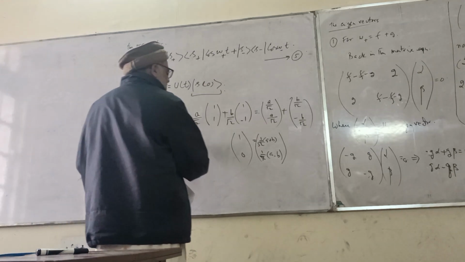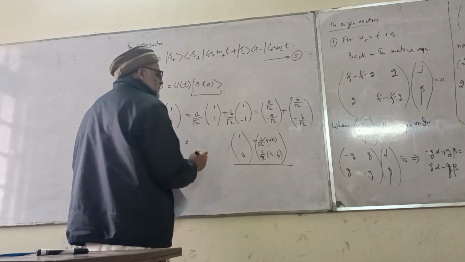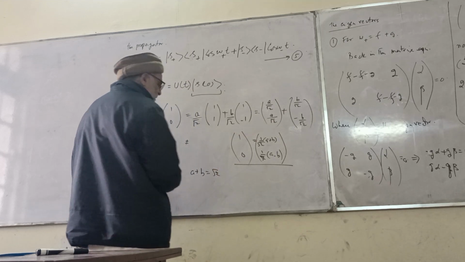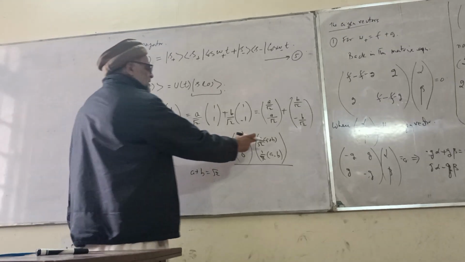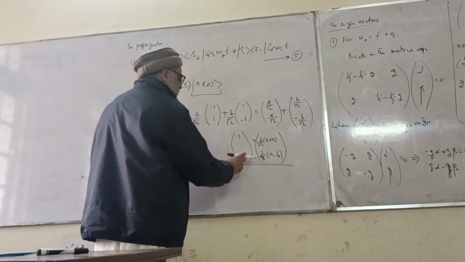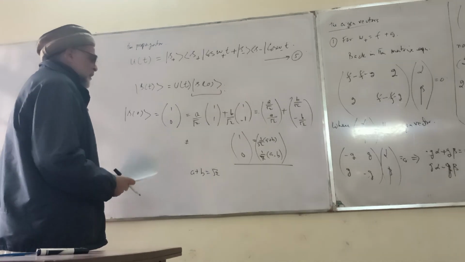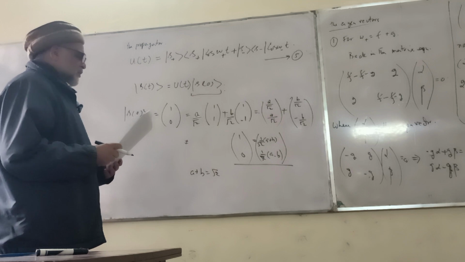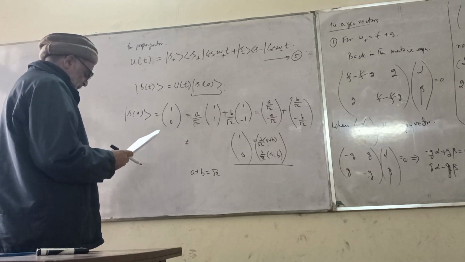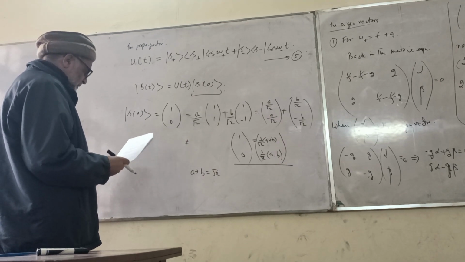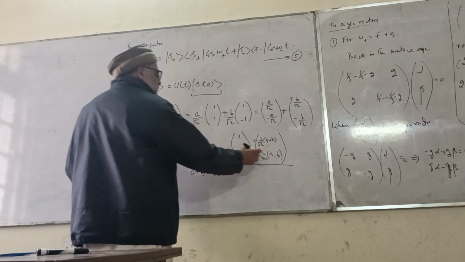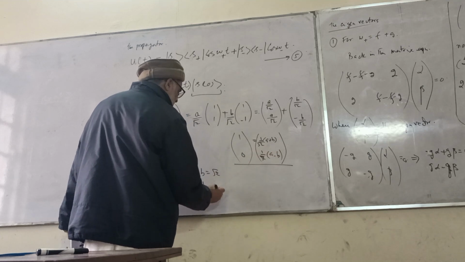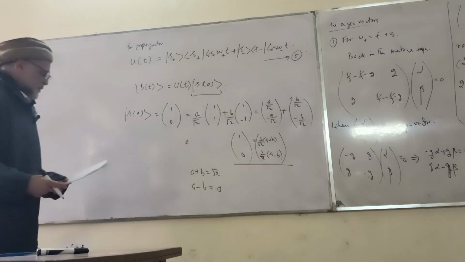So from this equation, A plus B equal to 2 square root. Look, this is equal to this, and this is the matrix equation we solve. And look, A minus B equal to 0.